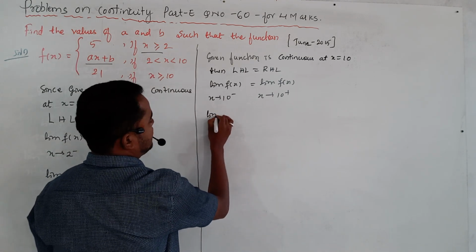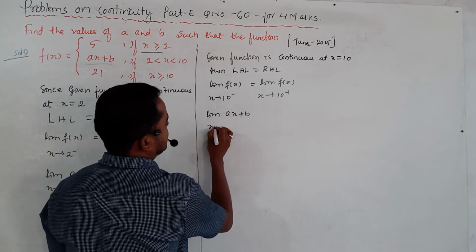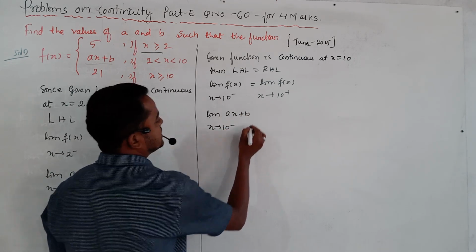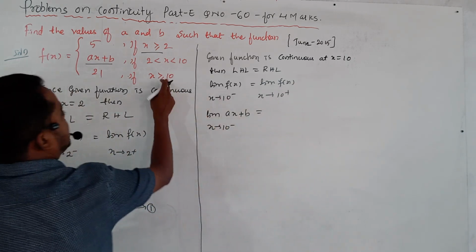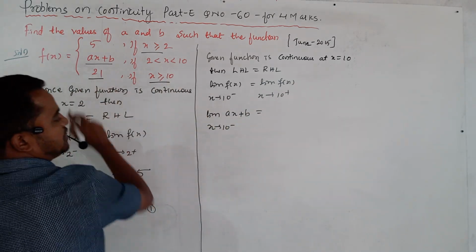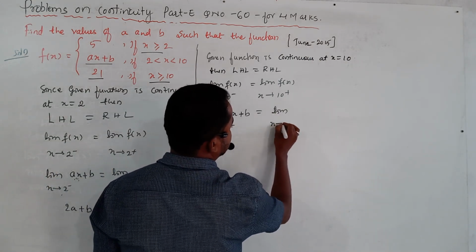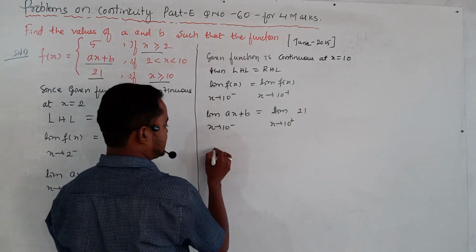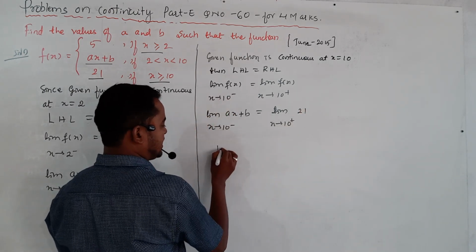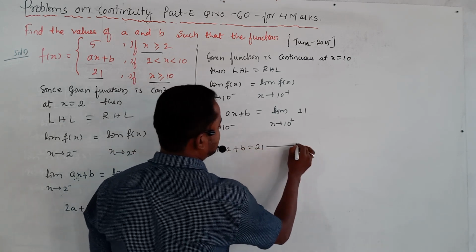Limit as x tends to 10 plus, greater than 10, is 21. So 10 into a, 10a plus b is equal to 21. This is equation 2.